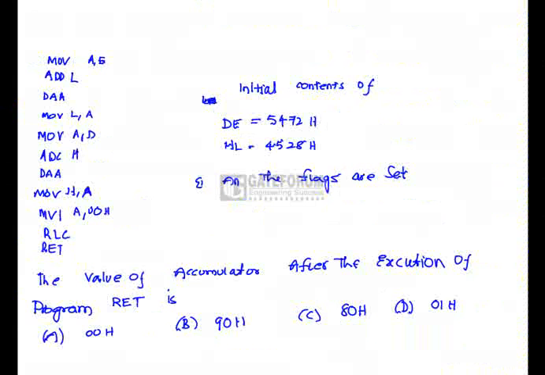The initial contents of DE and HL pair are given as 5472H and 4528H respectively, and all the flags are set initially. For the following program we have to answer the following questions. The value of the accumulator after the execution of the program RET.